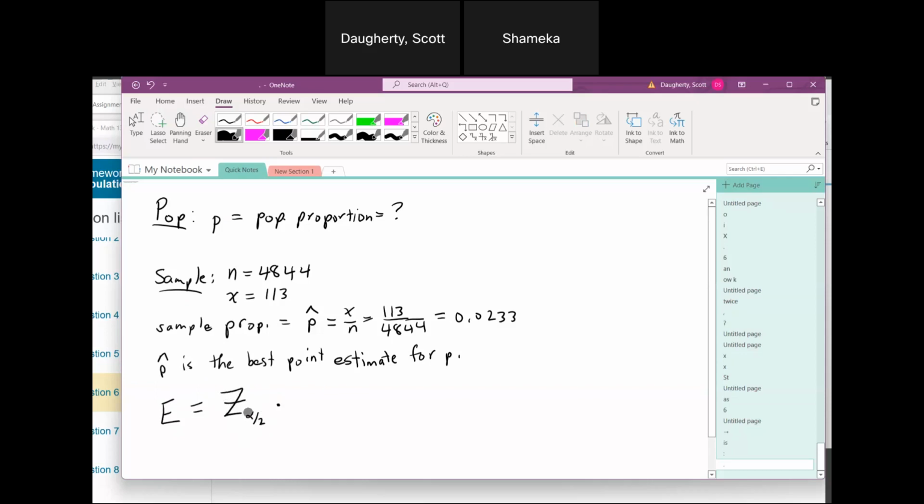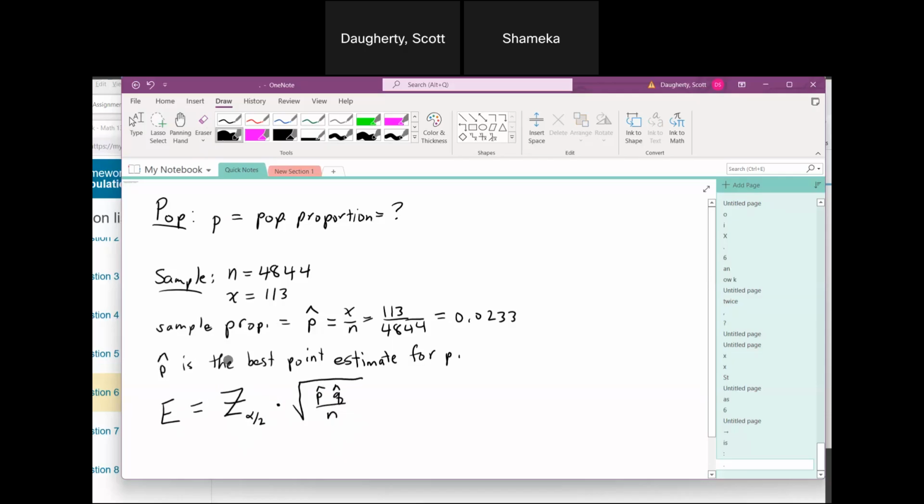And then you multiply that by the square root of P hat times Q hat over the sample size, N.